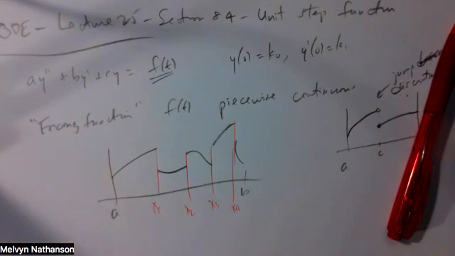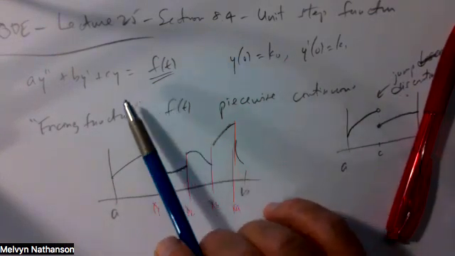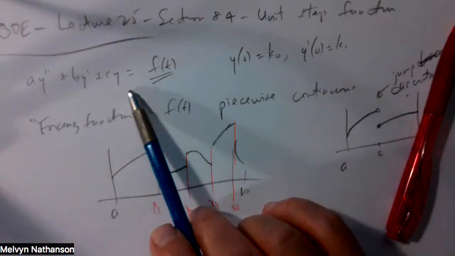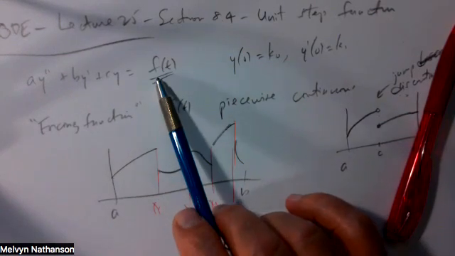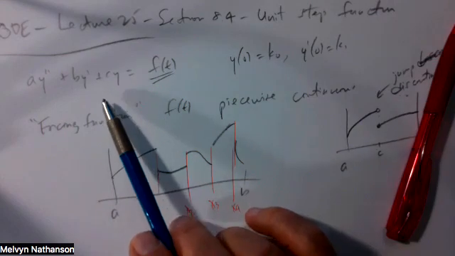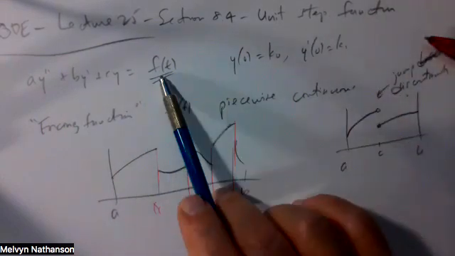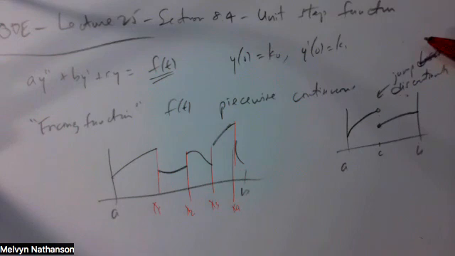Okay. So we want to try to solve a second order non-homogeneous differential equation, constant coefficients on the left-hand side, but on the right-hand side, the function is only piecewise continuous. It's not necessarily continuous.